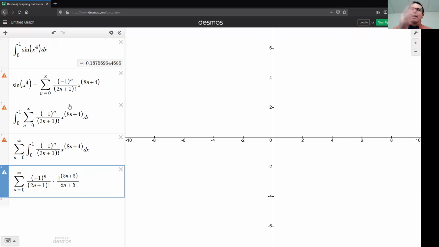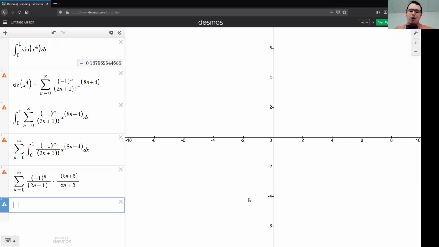If I truncate, if I take the partial sum, there's a nice formula that tells me how far off I will be. So if I stop at the number n, so add up the number 0 fraction, the number 1 fraction, the number 2 fraction, and I stop at some n, my margin of error is determined by the very next term in the series.